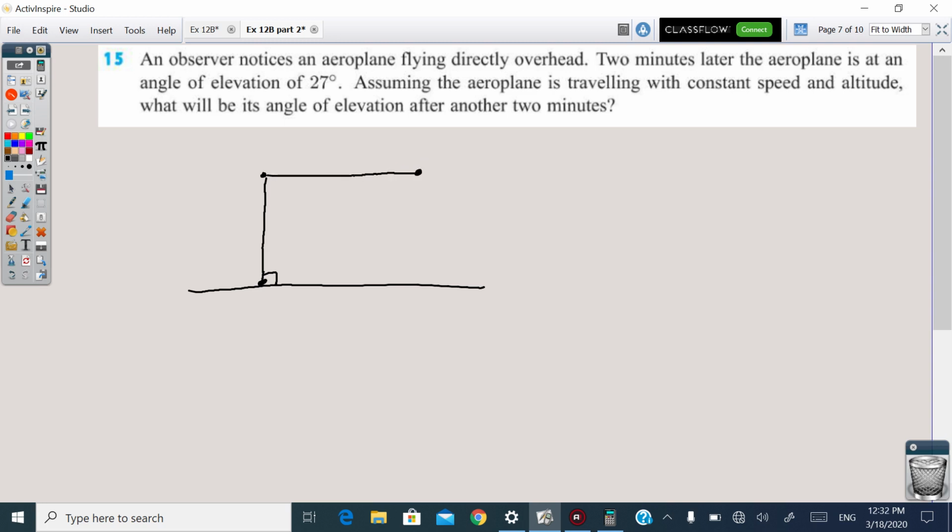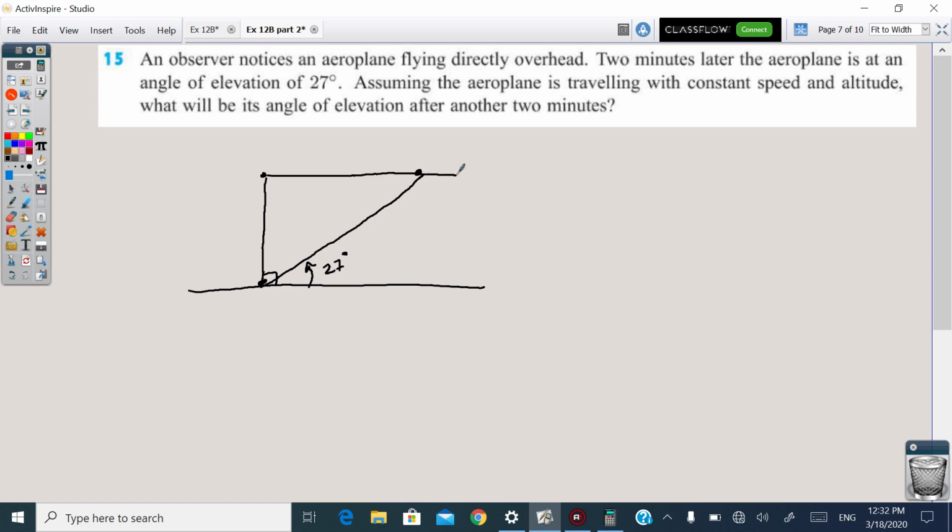So 2 minutes later, the angle of elevation is 27. Assuming that the aeroplane is traveling with constant speed and altitude, i.e. it will continue the same straight line, find the angle of elevation after another 2 minutes.